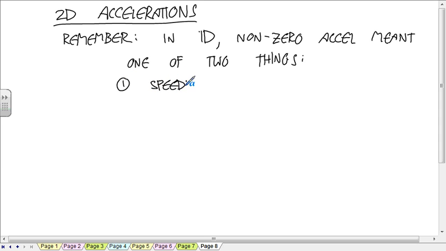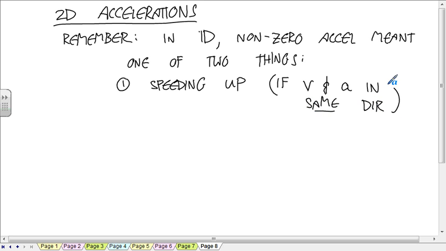So speeding up, and that happened if the velocity and acceleration were in the same direction, or slowing down, and that happened if the velocity and acceleration were in opposite directions.